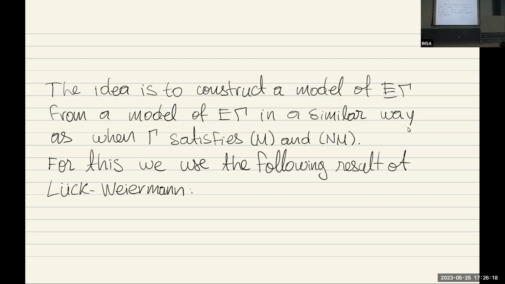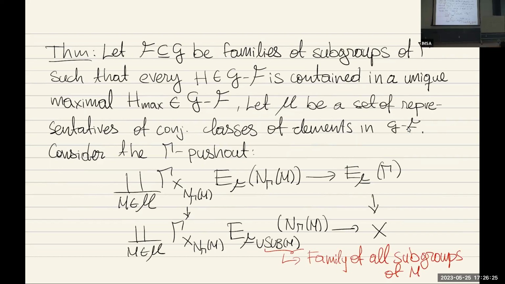Okay. For this, we use the following result of Lück and Weiermann. The theorem is the following. The idea is to try to construct models in a similar way as when the group satisfies the M and NM property.